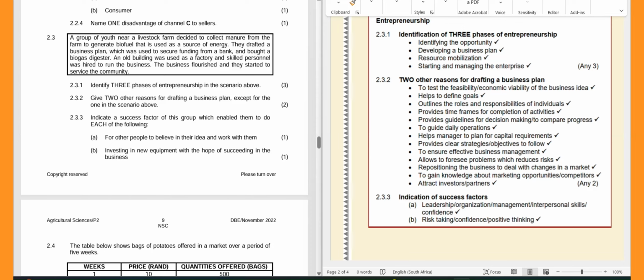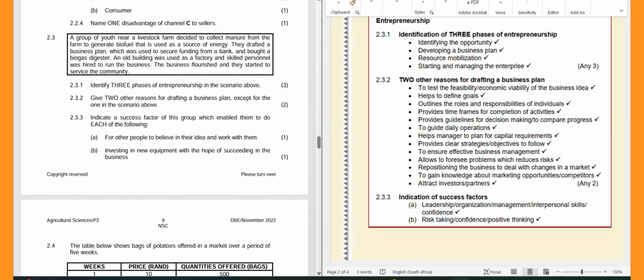That's point number three. Mobilizing the resources that will be needed, or resource mobilization. Or you can say starting and managing the enterprise. But here they wanted three, so we can take the first three, which is identifying the opportunity, developing a business plan, resource mobilization.